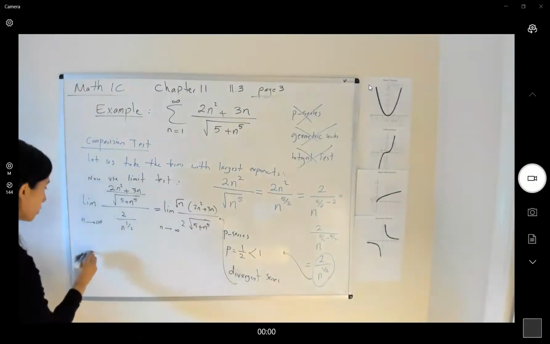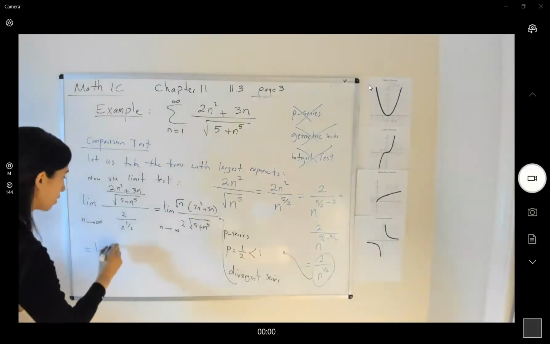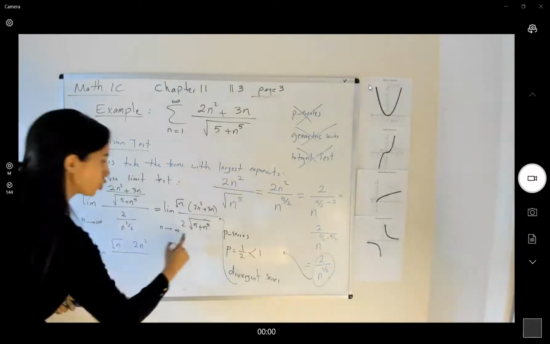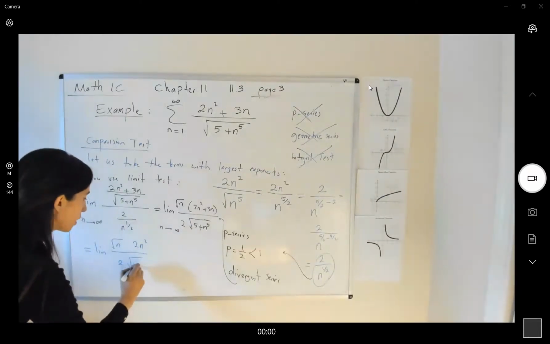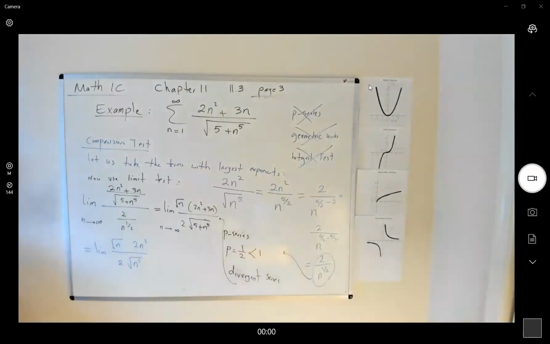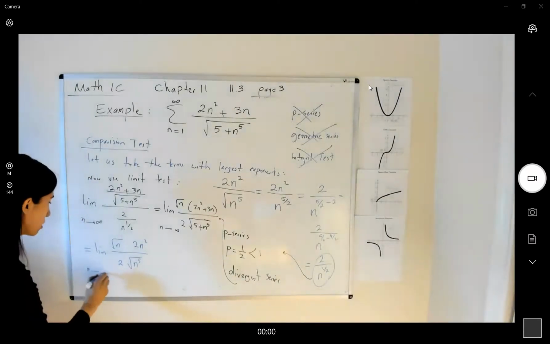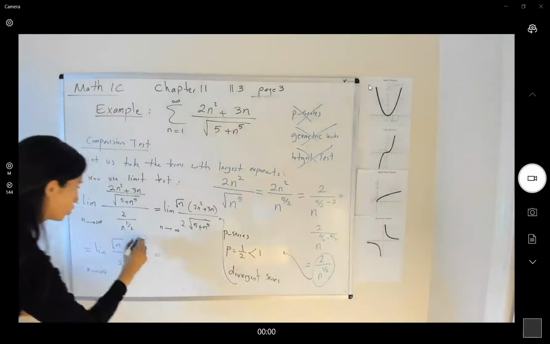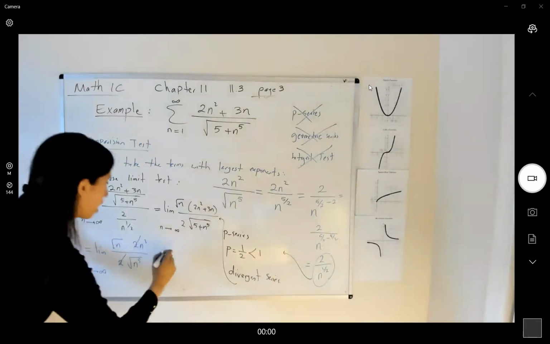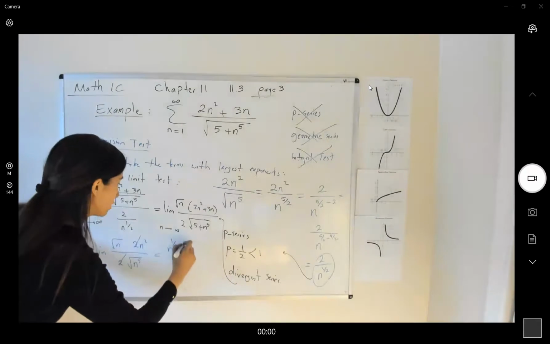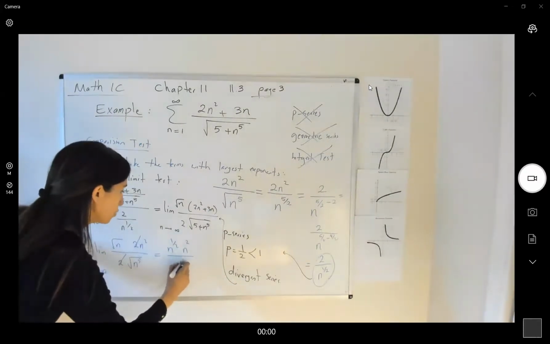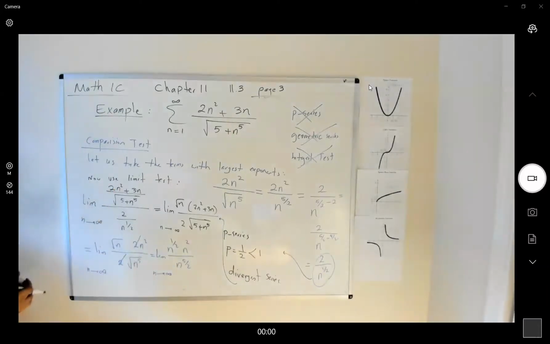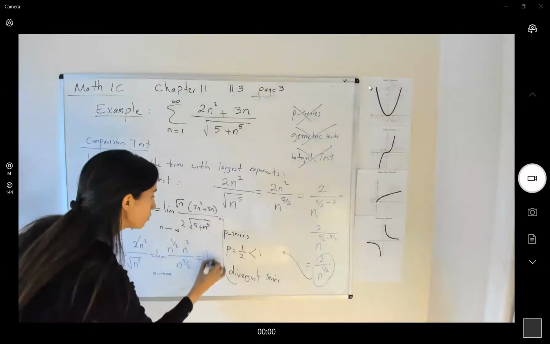This is equivalent to the limit of square root of n times 2n squared divided by 2 times the square root of n to the 5th, as n goes to infinity. Okay, so I have 2 and 2, we can cancel them out. I have n raised to a half, n raised to 2, divided by n to 5 over 2, and I'm taking the limit while n goes to infinity. This limit is equal to 1.